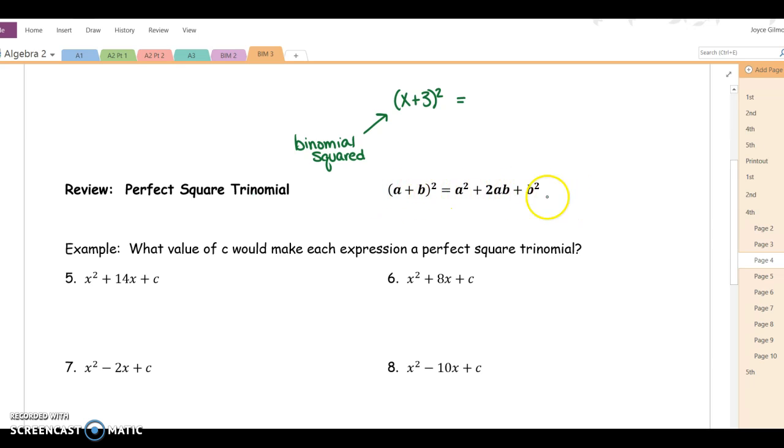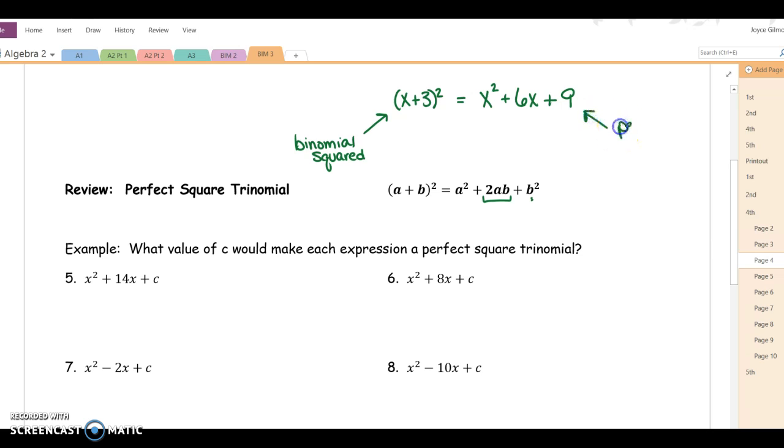This pattern says take the first thing, in our case it's x, and square it. The middle term you get from multiplying those two things together, x and 3, and then multiplying it by 2. So x times 3 is 3x. 3x times 2 is 6x. And then this last thing is the second number, 3 squared, which is 9.